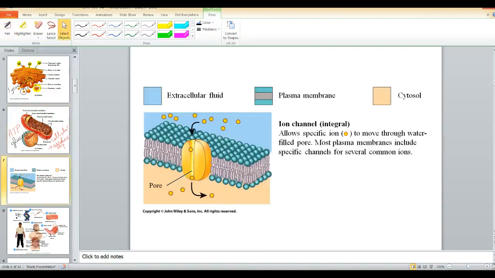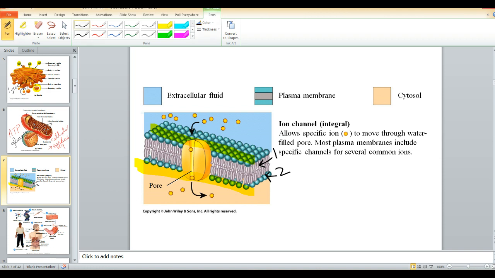Now the last component that we're going to talk about is going to be the cell membrane. As you can see in this picture, the cell membrane is made out of 2 layers. 1, 2. And we call this the phospholipid bilayer membrane. The outside of the membrane and the inside of the membrane are made up of phosphate heads.